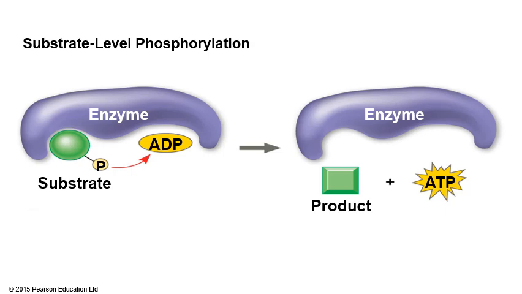That's why a large amount of ATP is produced by oxidative phosphorylation. So I want you to remember two mechanisms for the production of ATP in cellular respiration. One is oxidative phosphorylation. The other one is substrate level phosphorylation. I want you to remember.